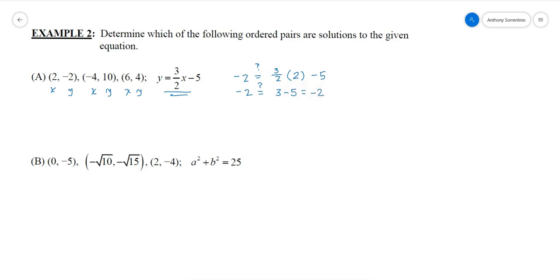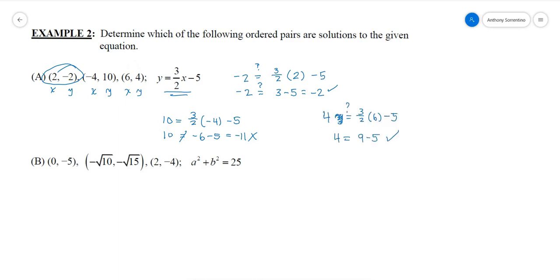So does -2 equal -2? Check. So this one is definitely a solution. Whereas if I do -4, 10, that's not true. So -4, 10 is not a solution. And lastly, for 6, 4, so 6, 4 would be a solution as well.